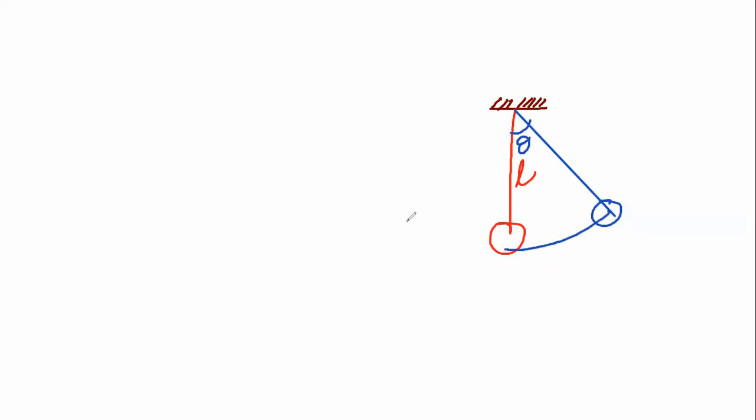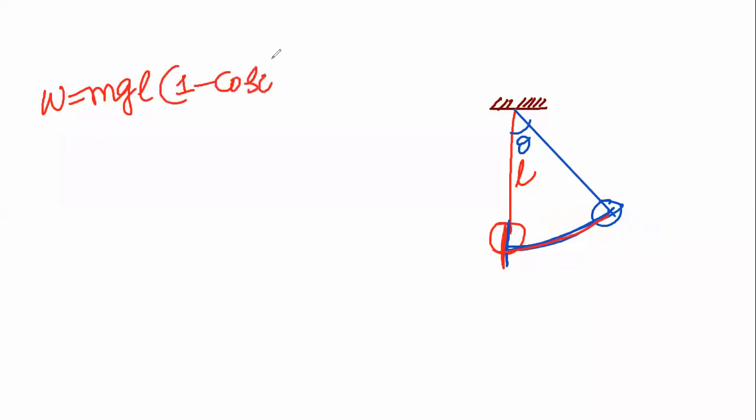That work done in lifting from the mean position to a certain extreme position will be equal to mgL into (1 minus cos theta). This is for the simple pendulum. And for the rod of length L, this is the pendulum.